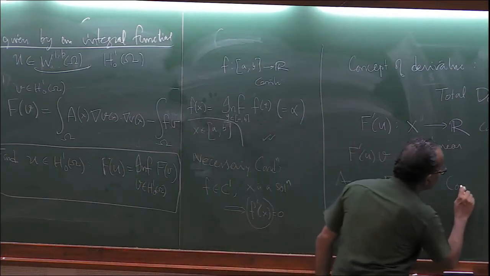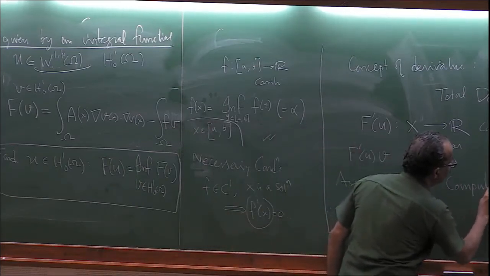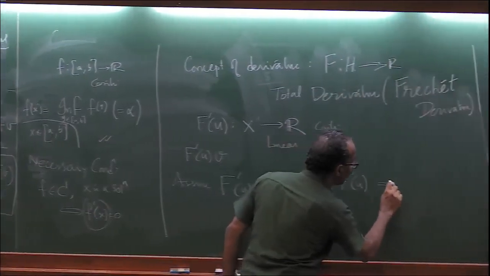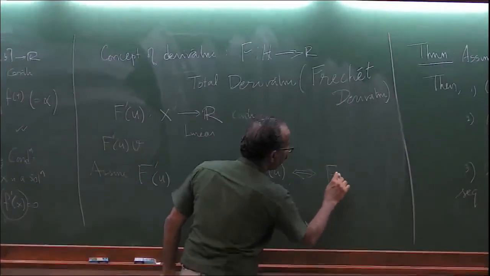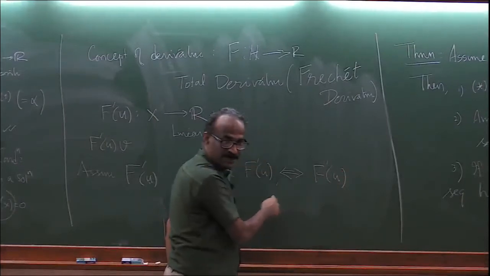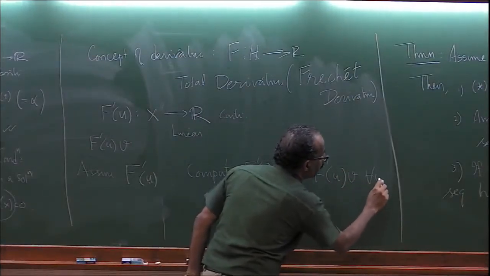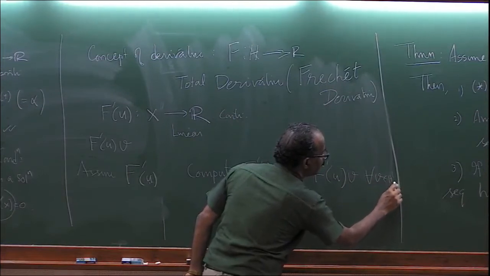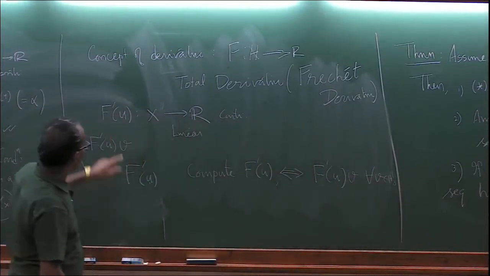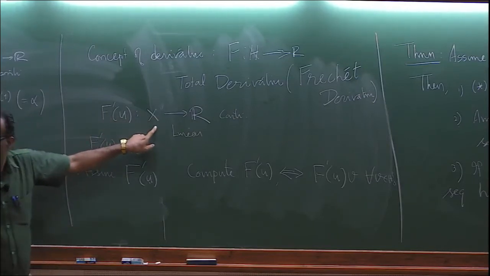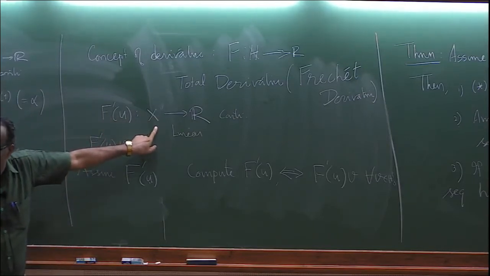So the exercise is to compute f prime of u. This is equivalent to saying compute f prime of u, where u is fixed, which is the solution, and this has to be computed for all v in H1 naught. Because you have to give the action of f prime of u for every v in H1 naught.